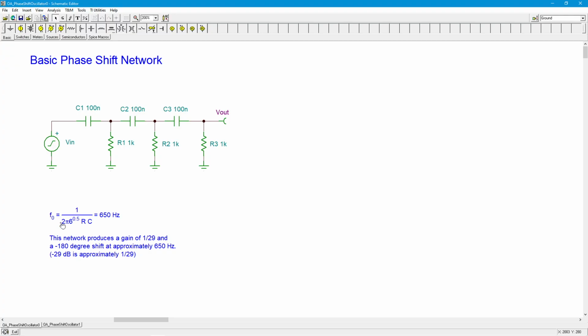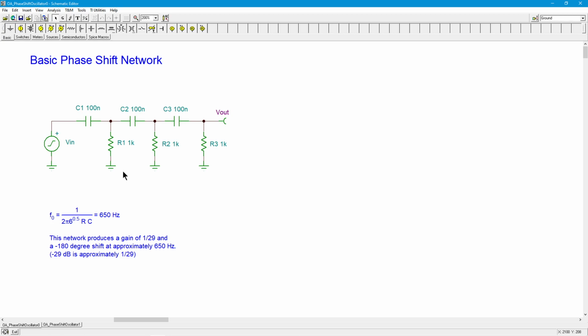And this is the only convenient way I could do that in TINA, 6 raised to the 0.5 power, times R times C, right? So there's your R value, all the same, and your C value, all the same. Now, when we analyze this, what we're going to discover is that at this 180 degree phase shift point, the gain is going to be approximately 1 over 29.